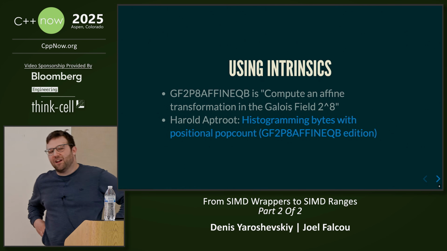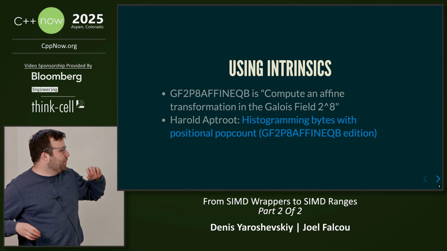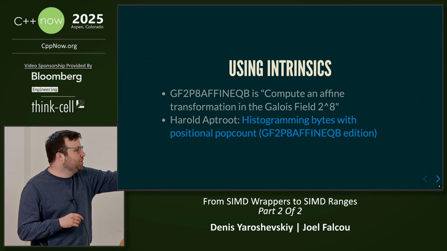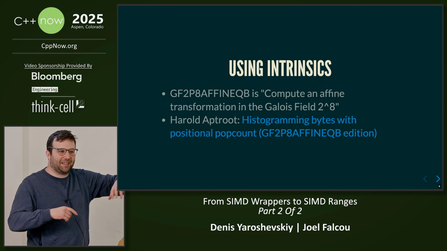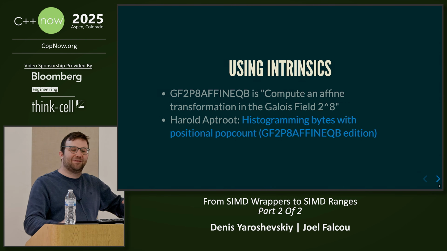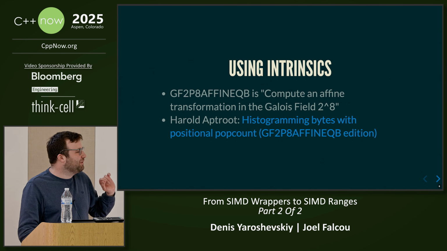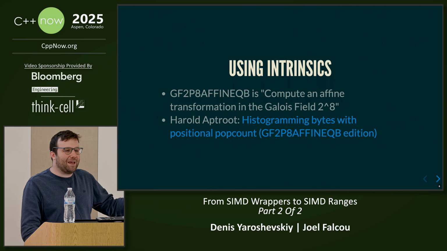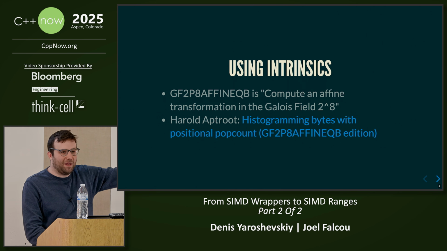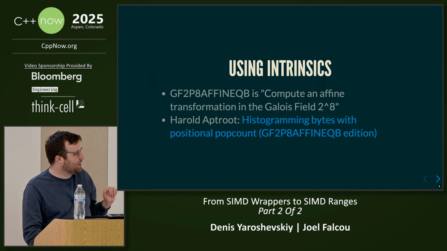However, there's this person, Harald Uproot, who uses the affine transformation to do byte histogramming, like counting which bytes. I didn't figure it out in detail. It was very cool. But there's no way this is going to be shipping with the SIMD library. You need to be able to extend the SIMD library with your custom stuff.